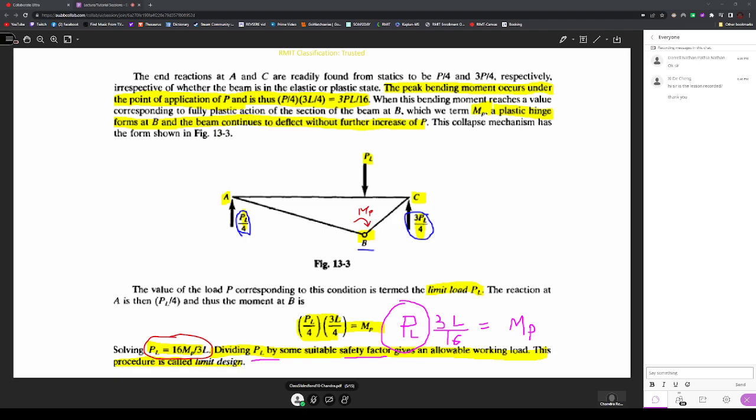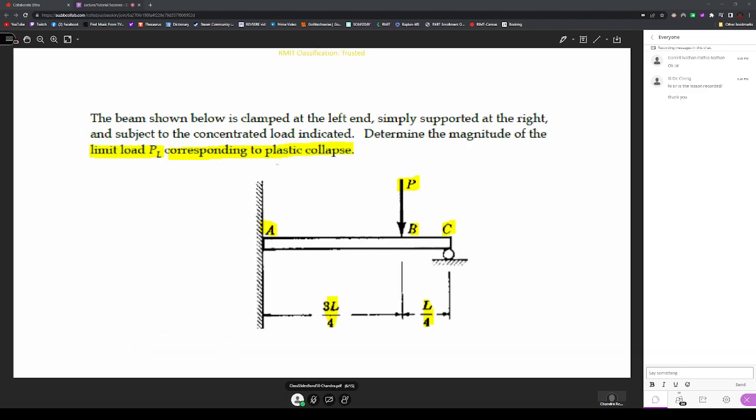Similarly, as the length decreases, the plastic load can increase. So the plastic load is inversely proportional to the length of the beam, and directly proportional to the plastic moment. All right, so this is how we can calculate the plastic load on different types of structures.